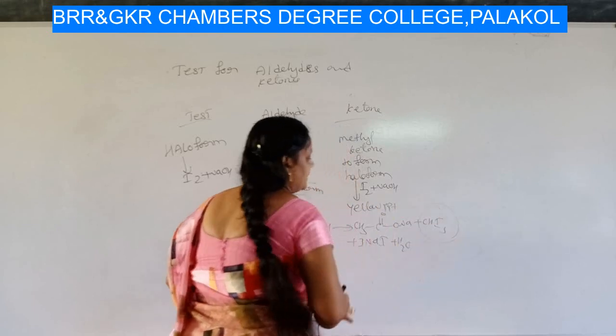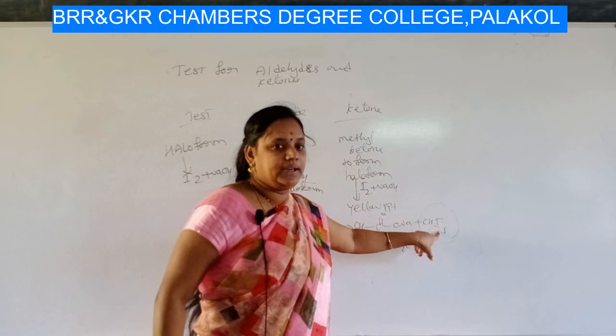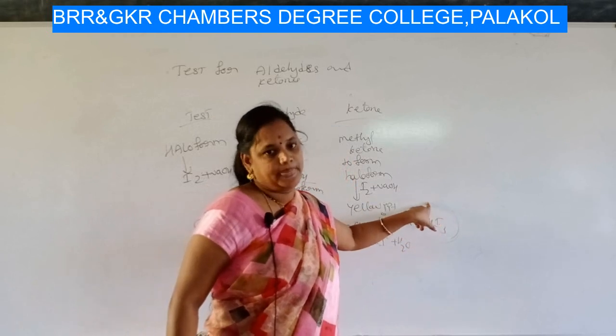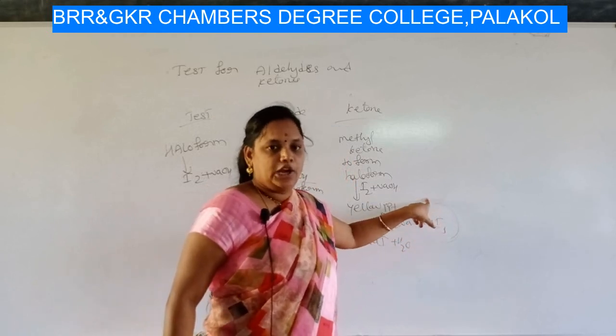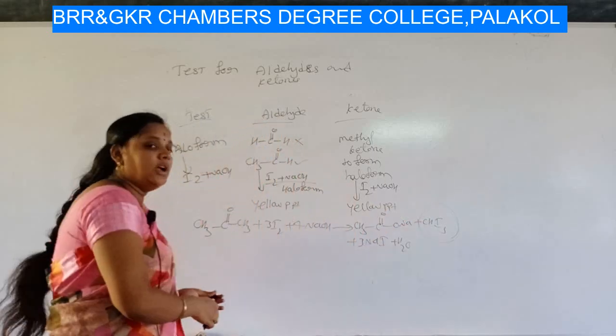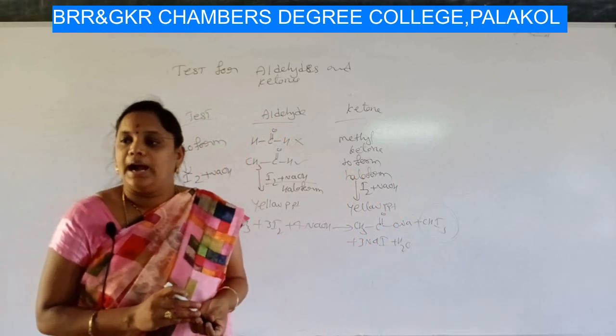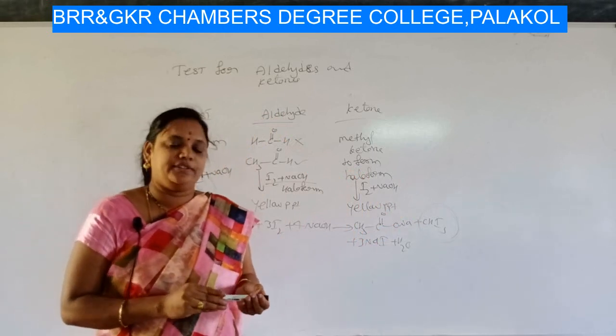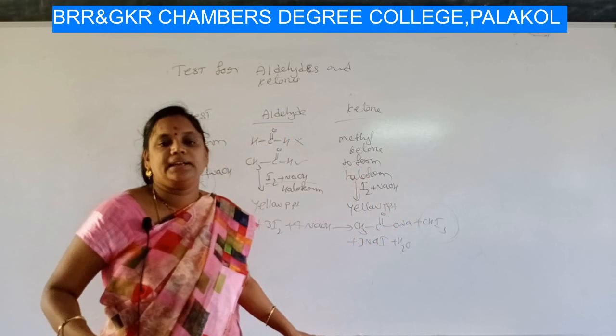Here also in this case we are getting CHI3, which is iodoform, a yellow precipitate. So these tests are used to differentiate between aldehydes and ketones.